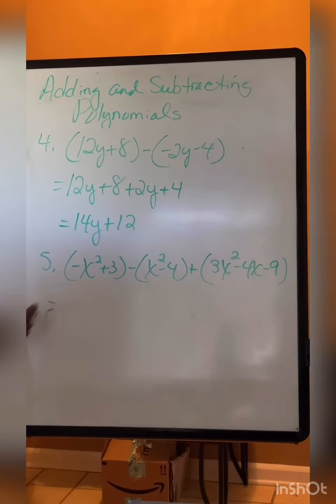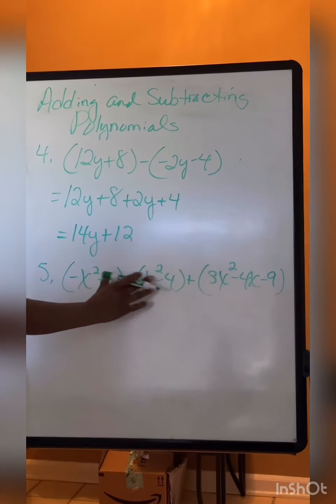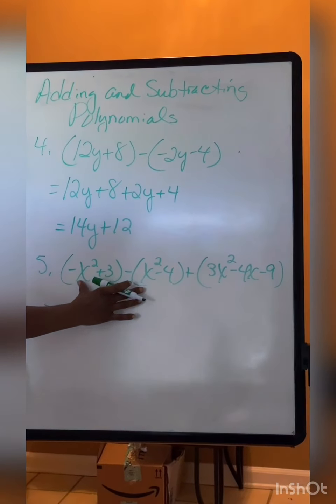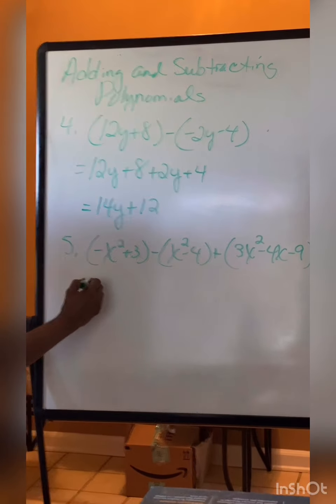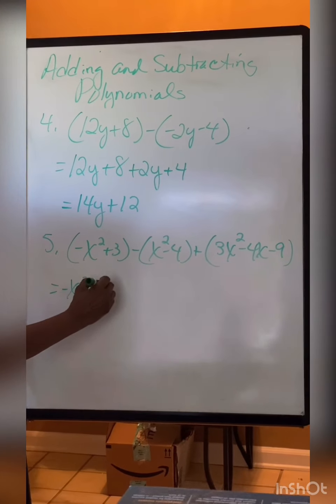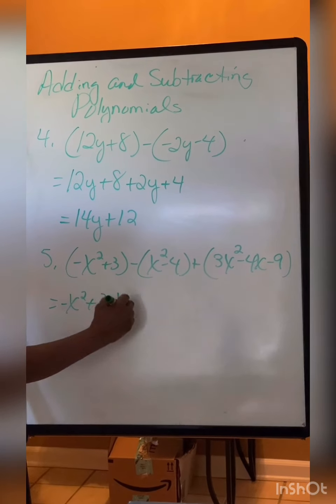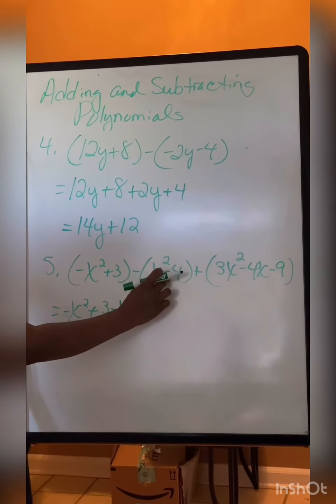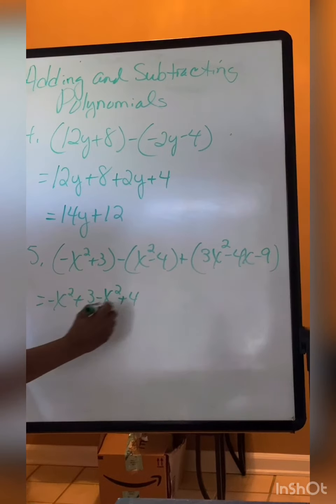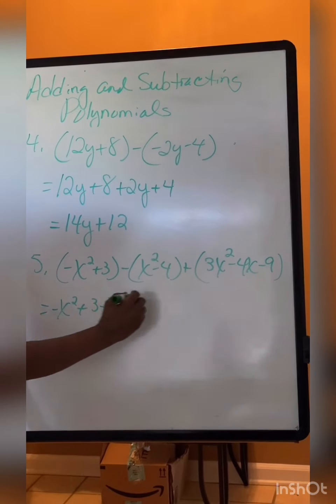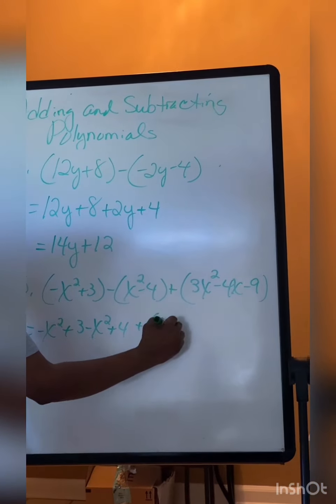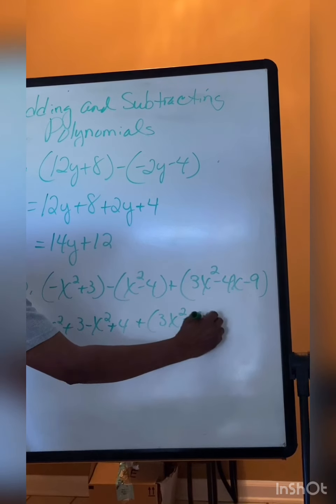The first thing I'm going to do is clear the parentheses for this part because I'm doing subtraction. First set of parentheses remains the same. The opposite of 1x squared is a negative 1x squared. The opposite of a negative 4 is a positive 4. Now I'm going to combine that, and then I'll come back and combine the like terms with that trinomial.